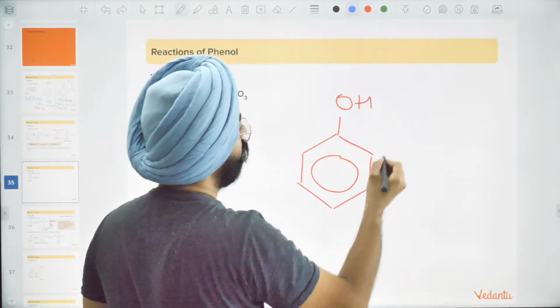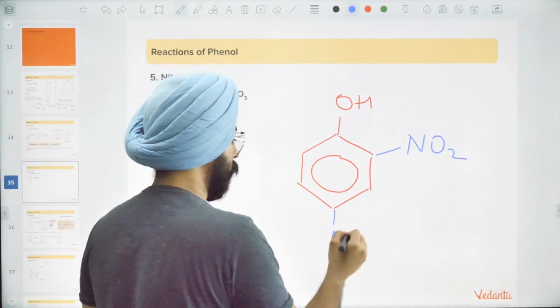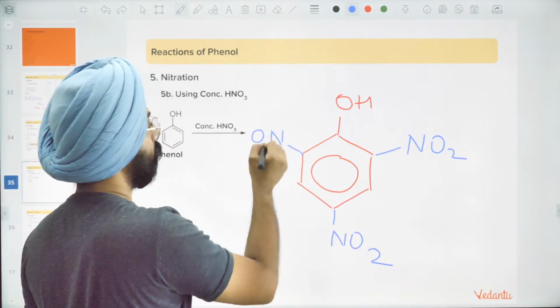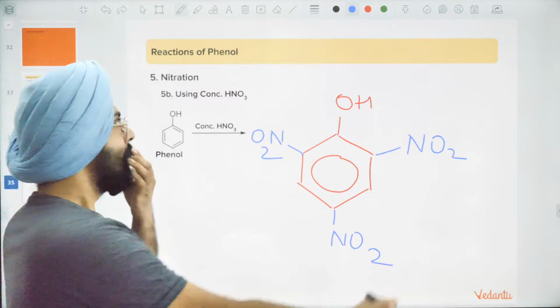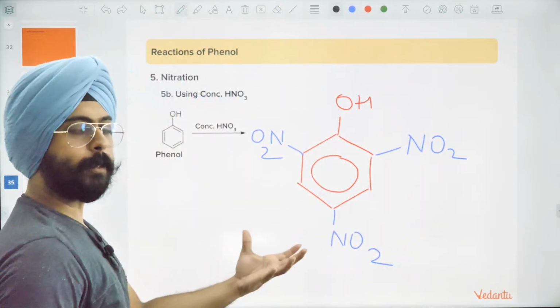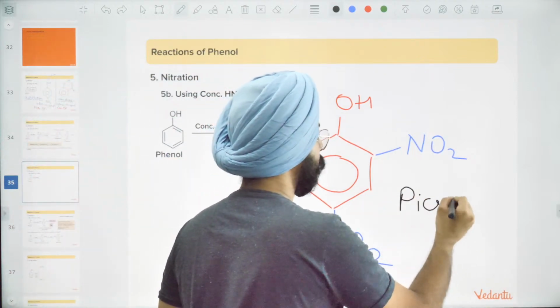You will get nitro groups on the ortho and the para positions. And this species, do you know the name for this species? You must know the name, if you don't remember. This species is actually called picric acid.